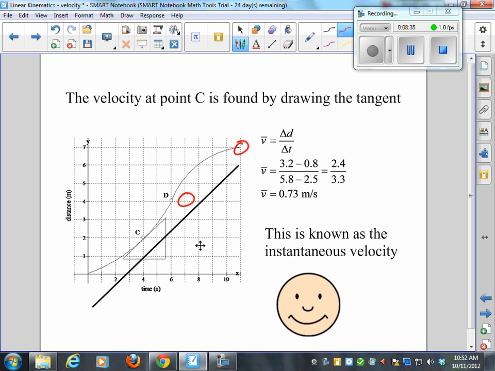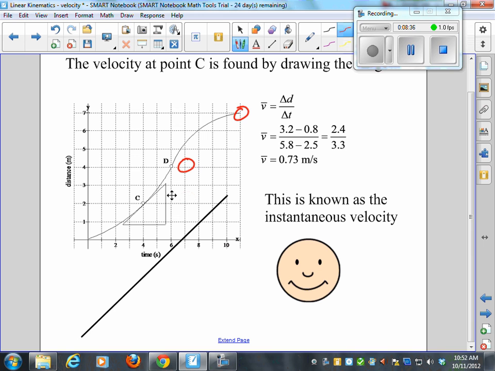So what I did on the side here was I used these end points right here. I drew a little triangle on there, and I used those points right there. So what's the y value of this point right here? 3.2. The y value of this point right here is 0.8, right? So this height here is 2.4. 3.2 minus 0.8 is 2.4.